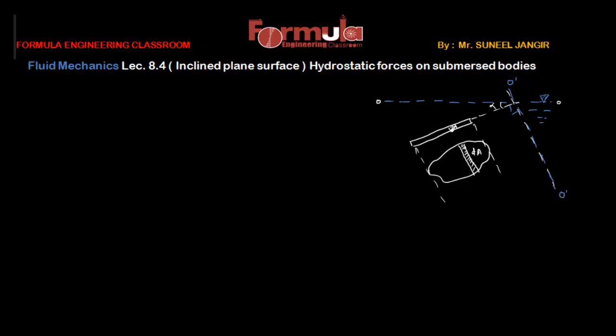So let's suppose in this case this strip is at a distance y below the actual free surface of fluid, and this is L distance below from the imaginary free surface. Okay, this is y distance below from the actual free surface, and this is L distance below from the imaginary free surface.